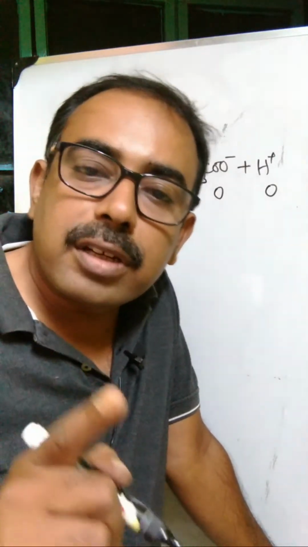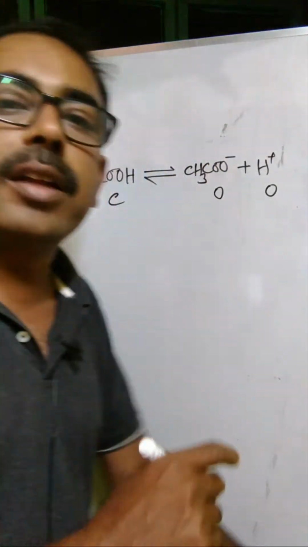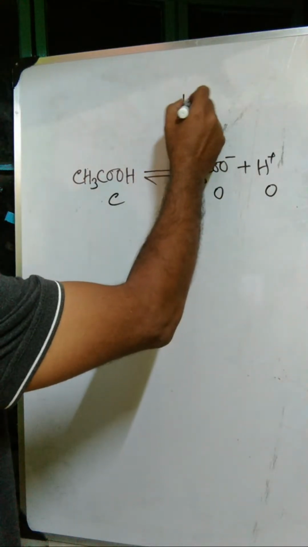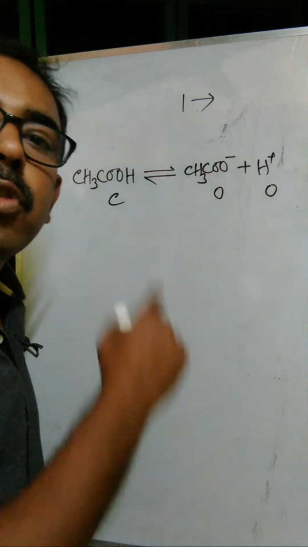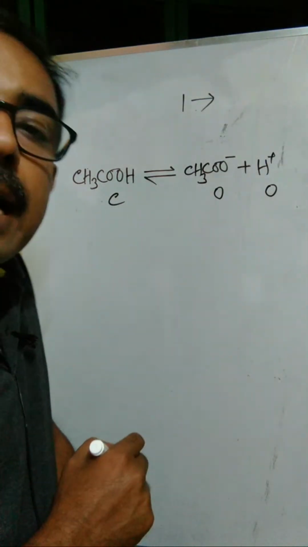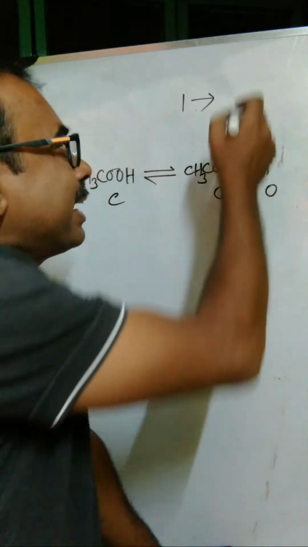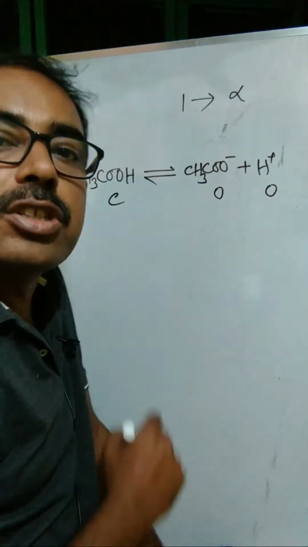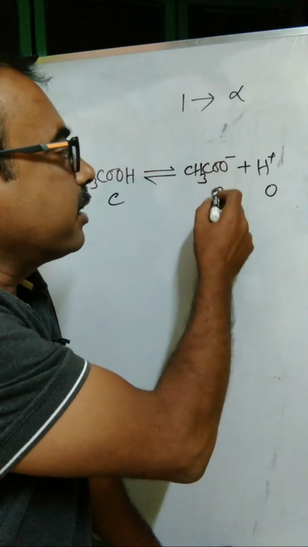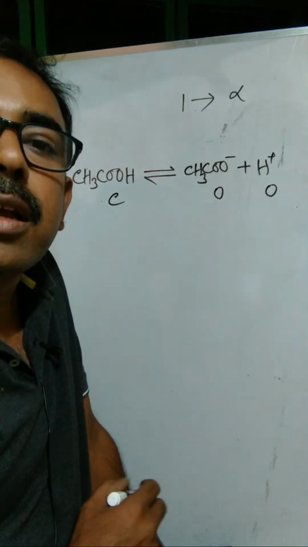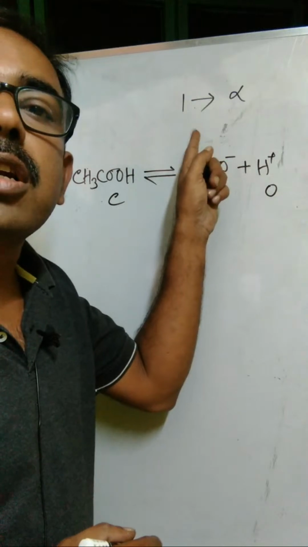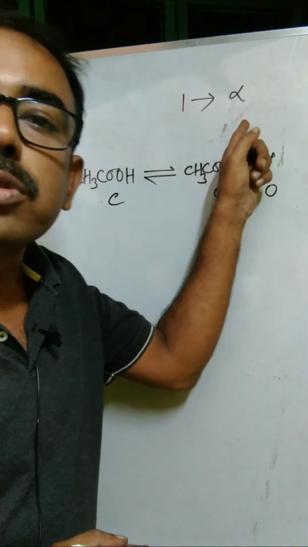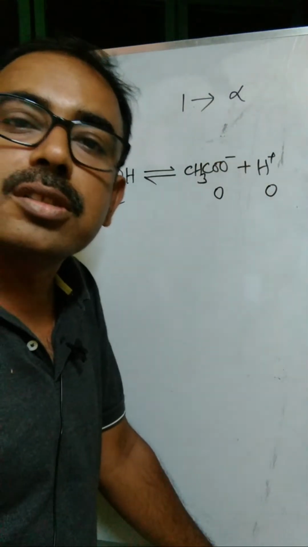If the degree of dissociation is alpha, then from 1 mole per liter of acetic acid, we will get alpha moles per liter of acetate and H plus ion. From 1 mole, the dissociation is alpha mole.